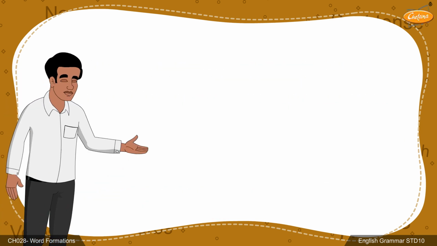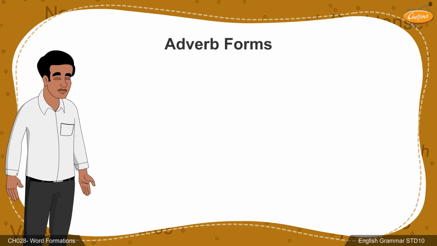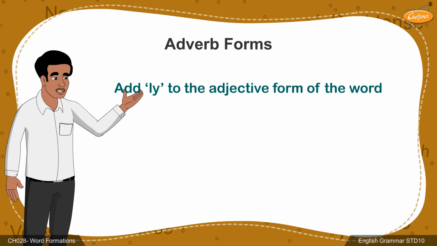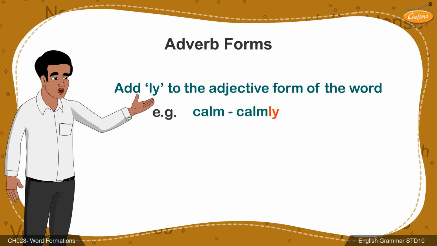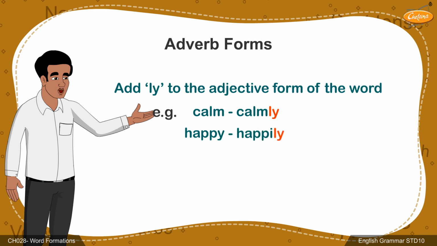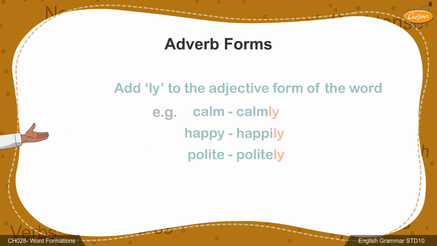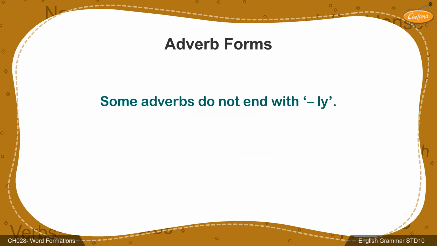Lastly, we move on to the adverb forms. The best and the easiest way to make an adverb form is simply to add ly to the word. For example, calm, calmly, happy, happily, polite, politely. However, remember that many adverbs do not end with ly.